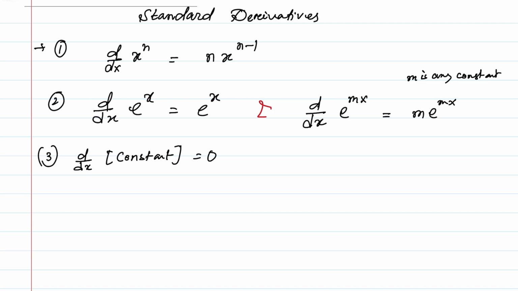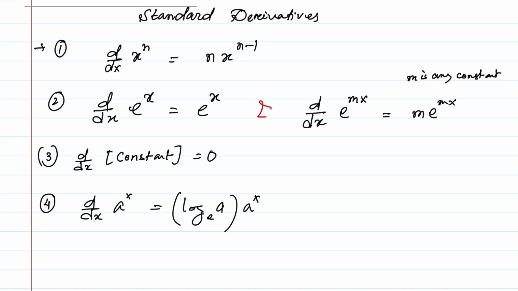Let me take one more important function, that is number 4, ddx of, suppose you have a constant and a power on it, suppose a to the power x. Then its result will be log of a base e into a to the power x again.